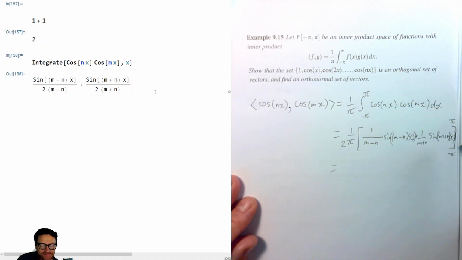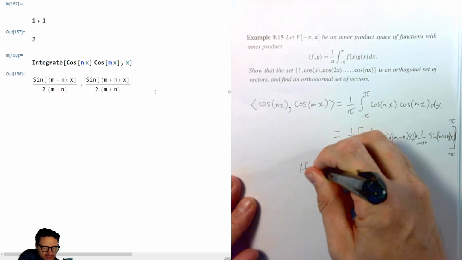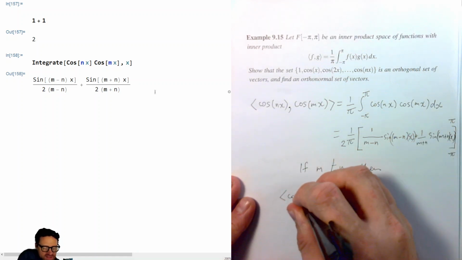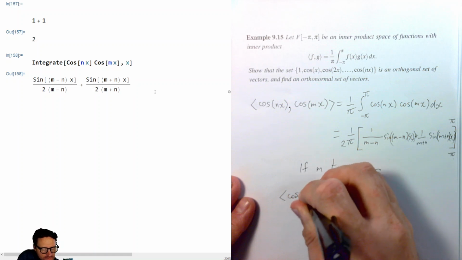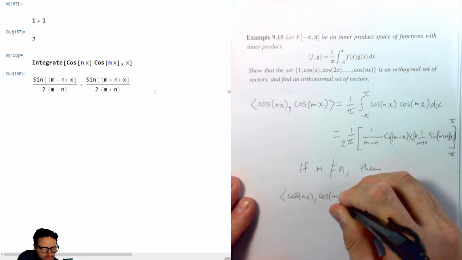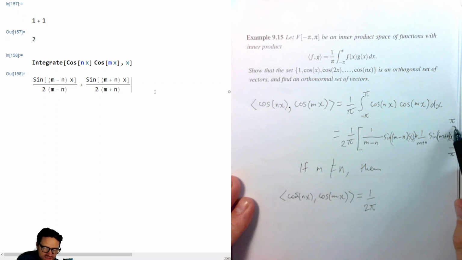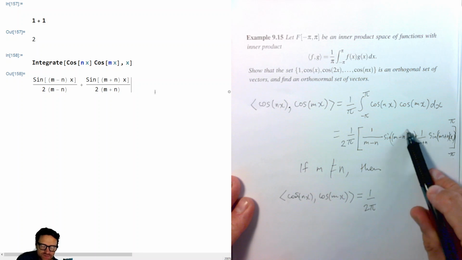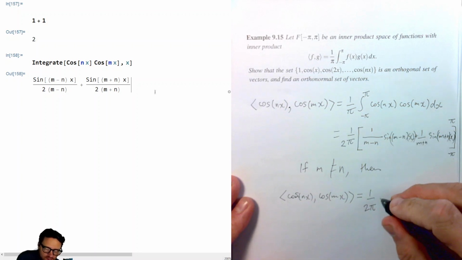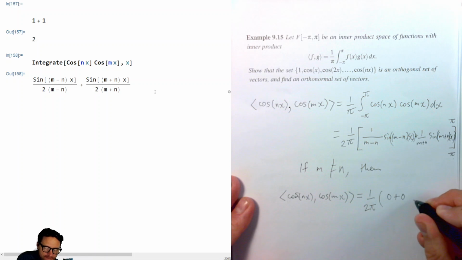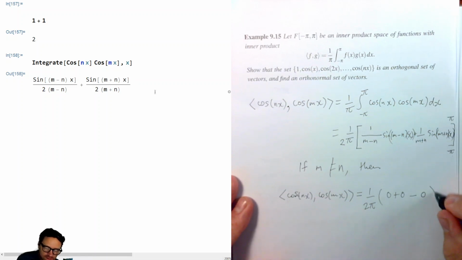Now if m is not equal to n, then our inner product here would be 1 on 2 pi times, since we're putting in pi here and m and n are integers, 0 plus 0 minus 0, because sine of an integer times pi gives 0.